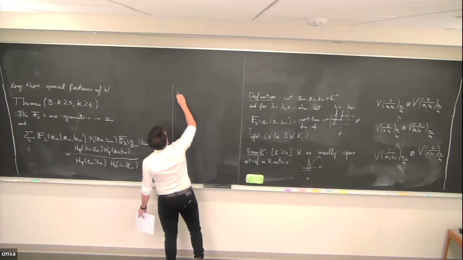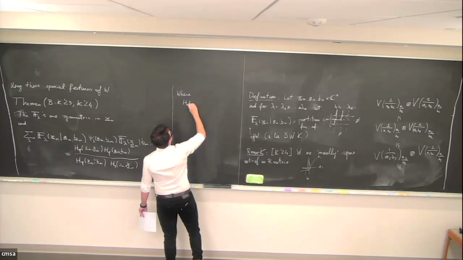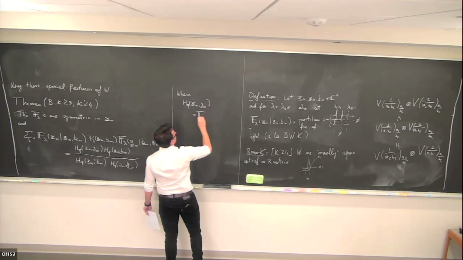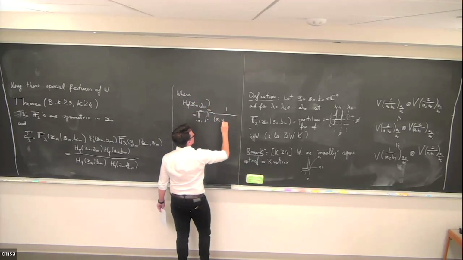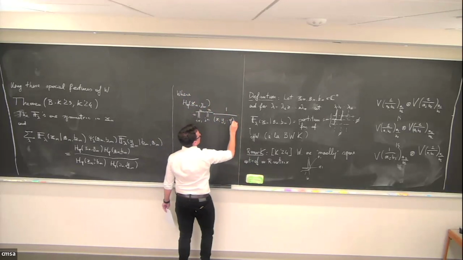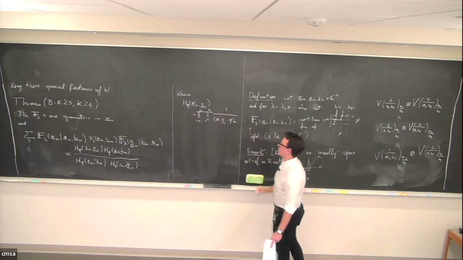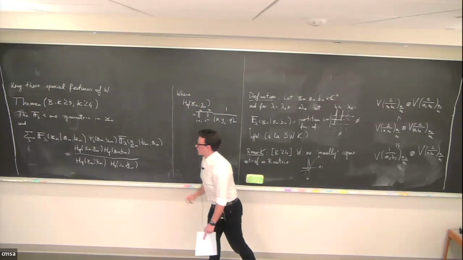So let me define this product, where HQ of xn ym is equal to the product i going from 1 to n, product j going from 1 to m, 1 over xi yj to infinity. So this is a Q gamma function, or very close to being a Q gamma function. And so this is a fully factorized expression.